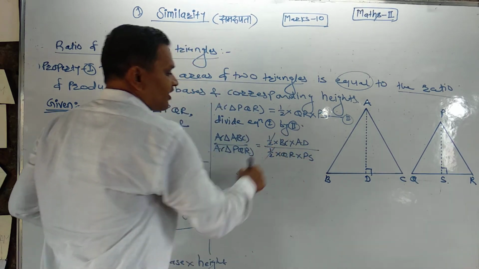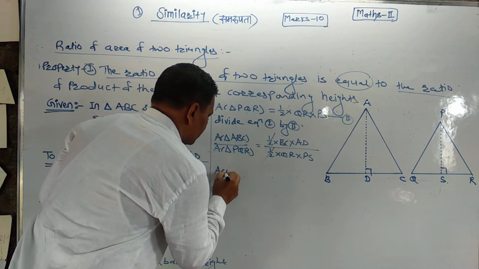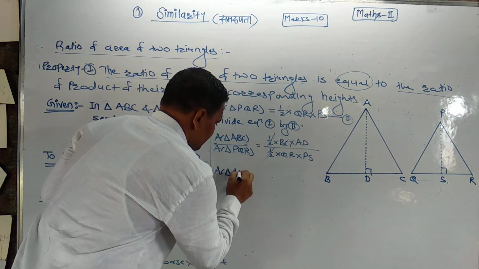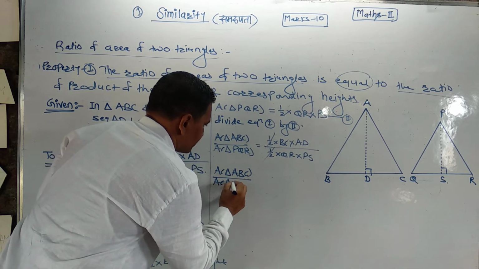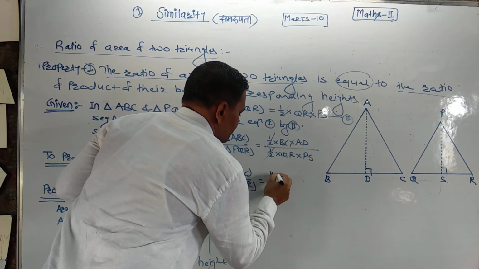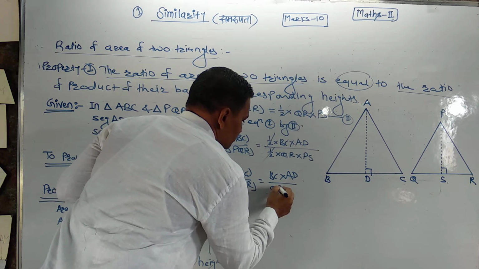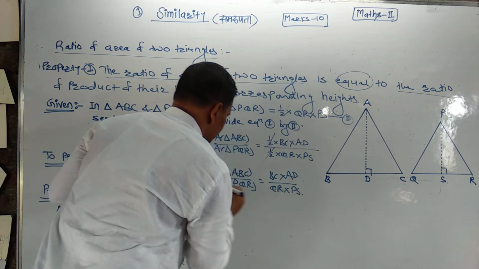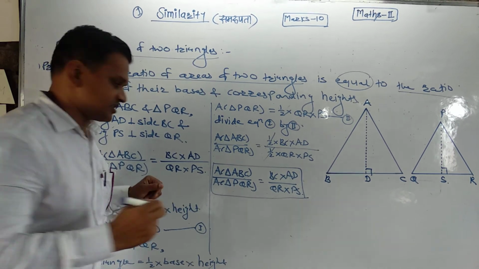Now this half gets cancelled. Here, on the left side, area of triangle ABC divided by area of triangle PQR equals BC into AD divided by QR into PS. Understand?